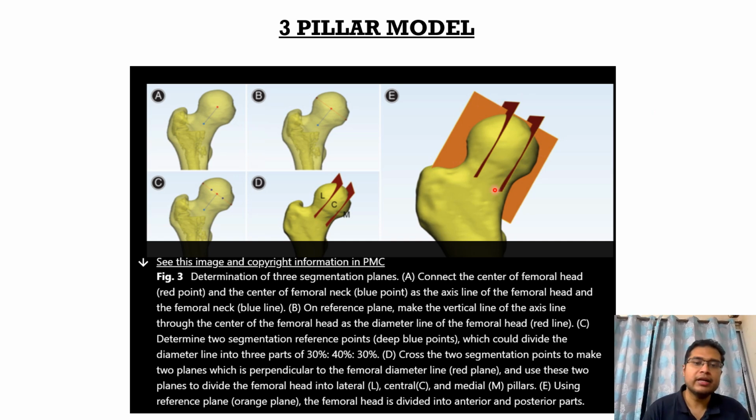So that we know that this is anterior lateral pillar, anterior central pillar, anterior medial pillar or posterior. So this is the particular three pillar model. So any case of avascular necrosis, if it is here, it is involving the lateral pillar, anterior side or posterior side, or whether it is involving both lateral as well as central pillar, it has to be mentioned in the report.